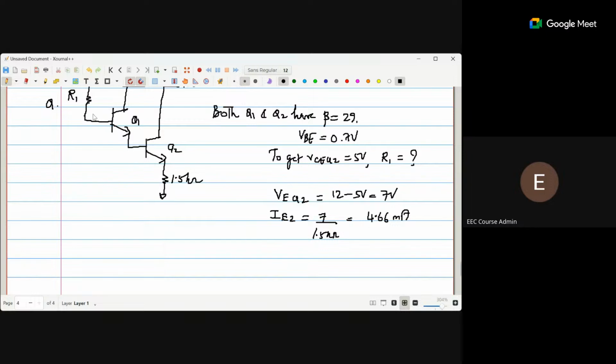Then the base voltage VB1 will be VBE1 plus VBE2, so that will be 0.7 plus 0.7 plus the voltage across the emitter. So that will be 8.4 volts.